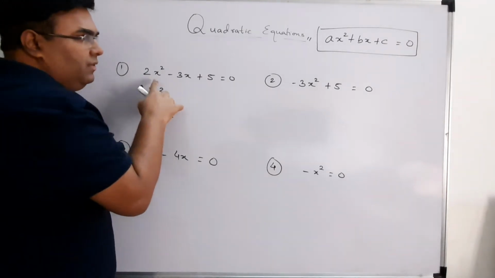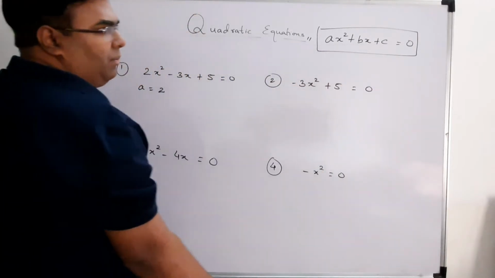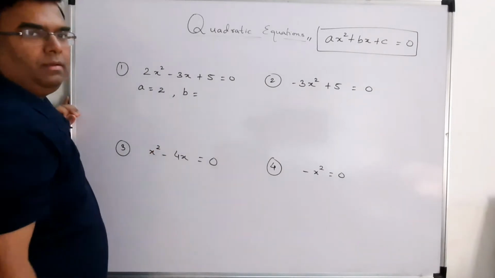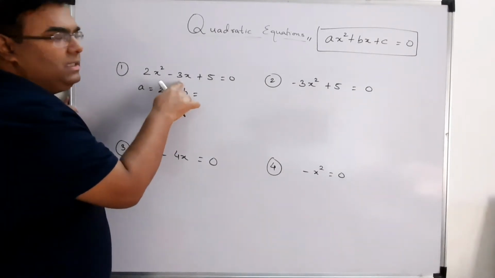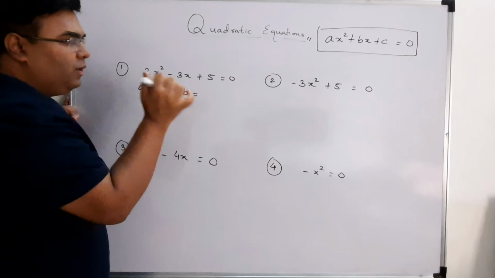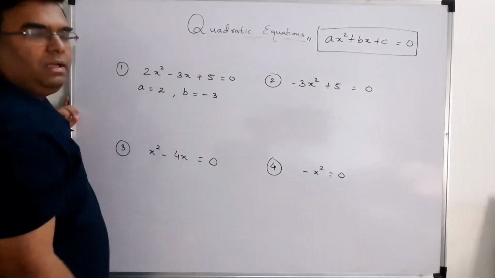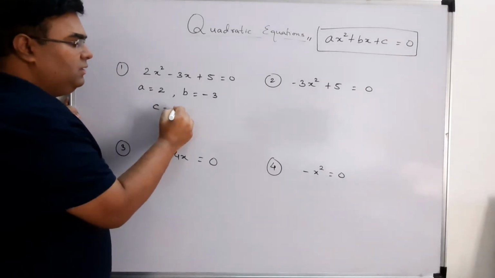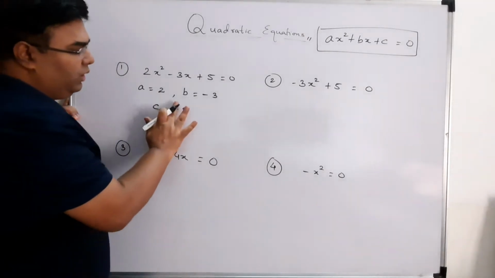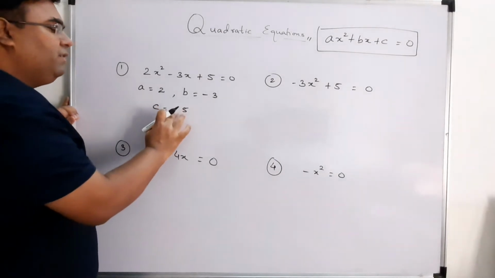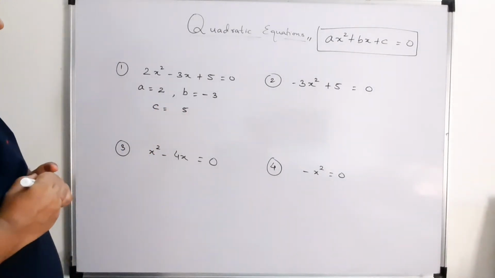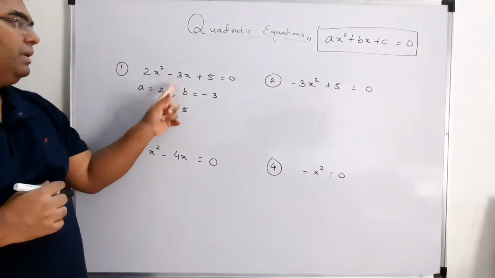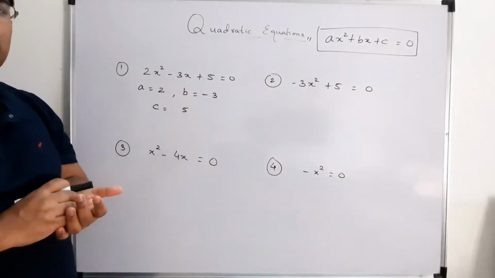You need to compare this with the general formula ax square plus bx plus c. What is your b? B is minus 3. You need to consider the sign also. B is minus 3. And what is c? C is plus 5. You don't need to write the plus, only 5 is fine. So this was the first example, a simple equation, right? A is equal to 2, b is equal to minus 3 and c is equal to 5.